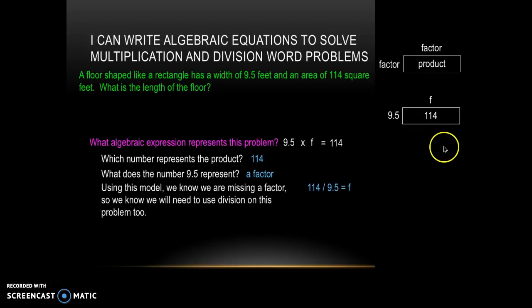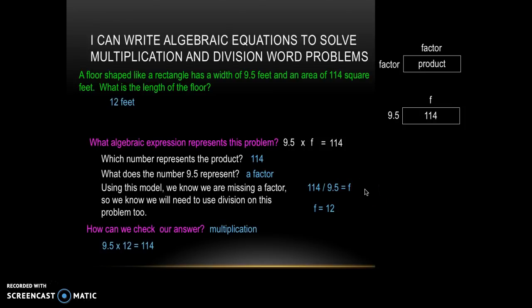So we're going to take 114 divided by 9.5. I'm going to quickly solve that for us, and it equals 12. Now remember, you can check your work by multiplication. If we take the 9.5 times the 12 that we just got, you would see that we get 114. Again, I reported my answer with the unit label.